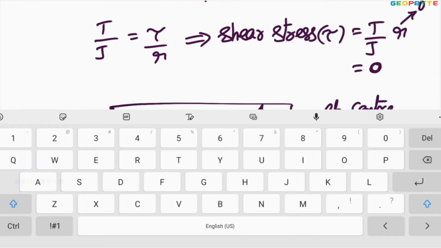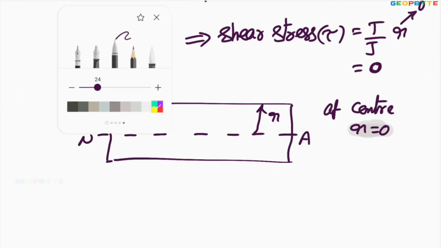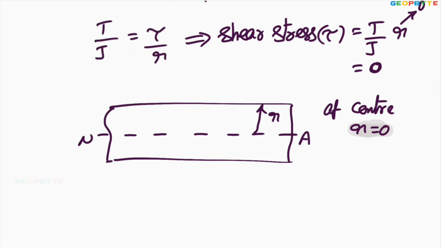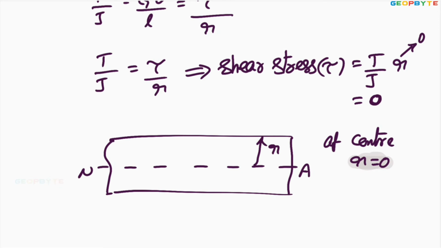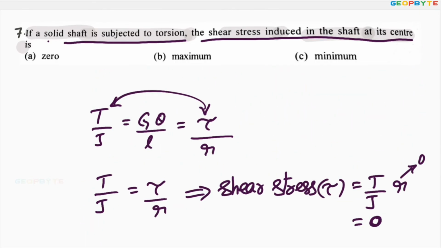That means there is no shear stress at the center of the shaft. Therefore option A is absolutely correct. I hope all of you understood. Let us go for the next problem.